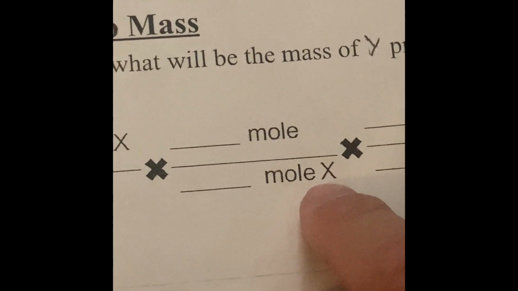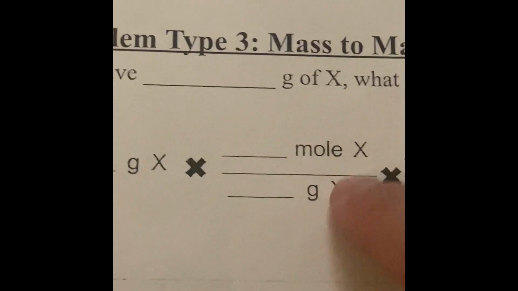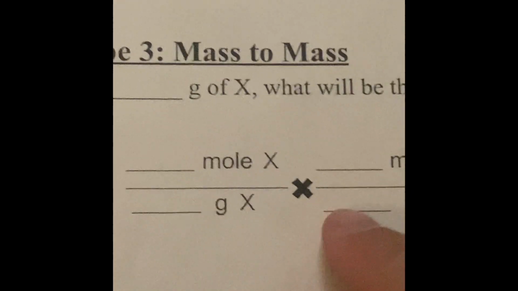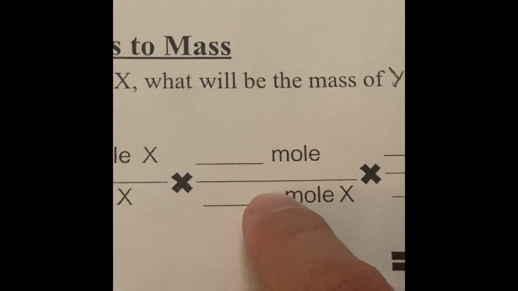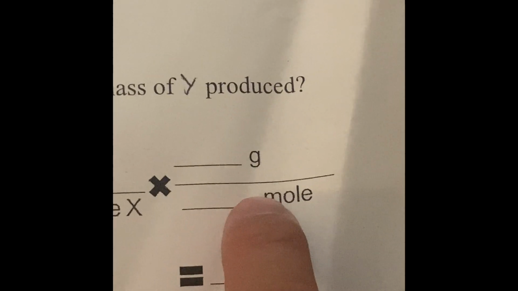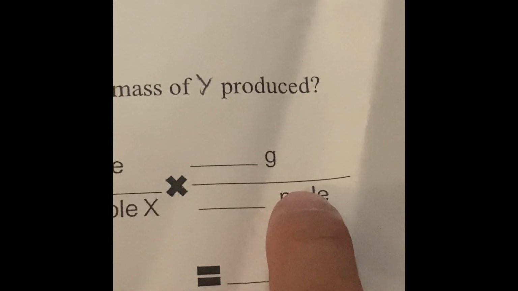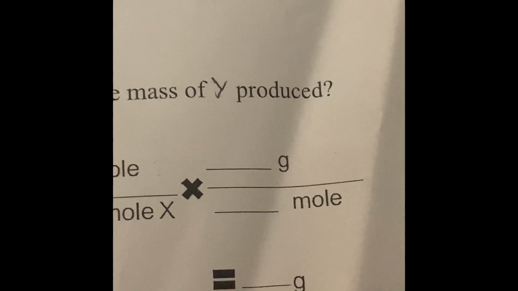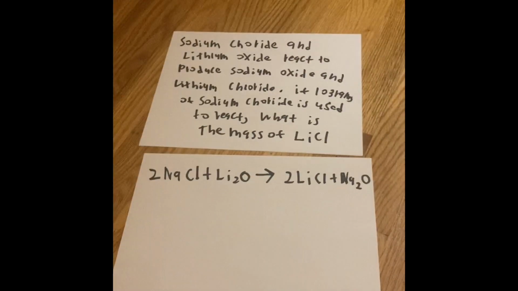But since this is a mass-to-mass problem, we will convert from molar mass to the ratio of the elements, but we have to get back to the mass of the other one. Now we have to find the mass of LiCl, lithium chloride, and that will give us the answer.